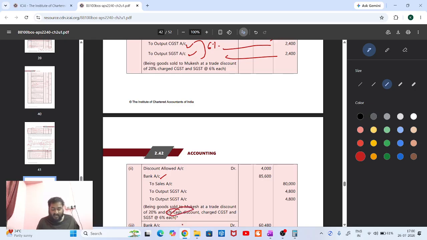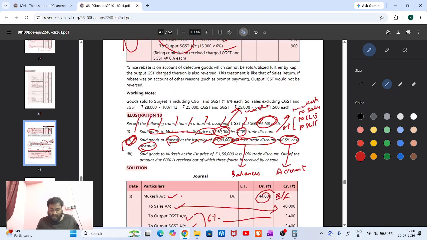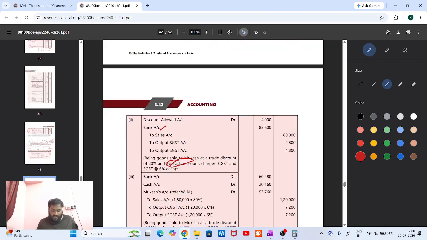Okay, cash discount, right? So okay, bank account. Here, bank account debit to sales. This is the primary journal entry. And then for the GST, you add this.